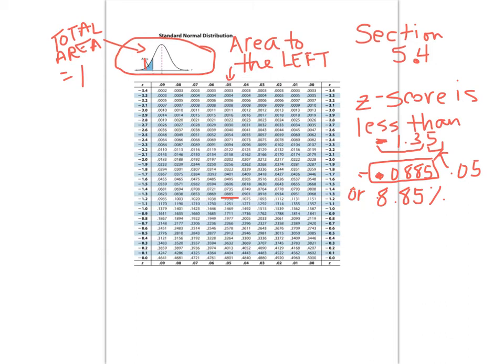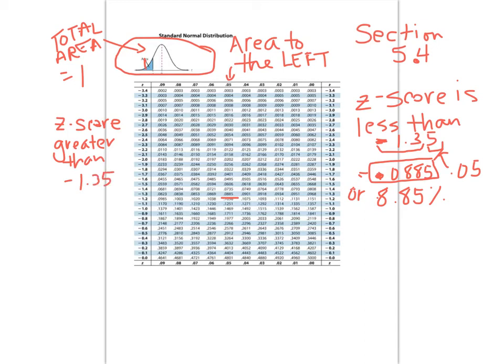I like to think of it as 1 because our decimals here in the middle of this table are not percentages, they're decimals. So if I wanted to find the area or the probability that the z-score is greater than negative 1.35, let me do that on this left side. I would look on the other side.